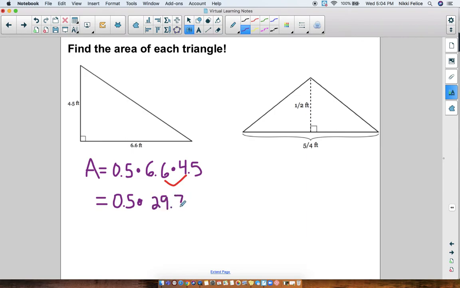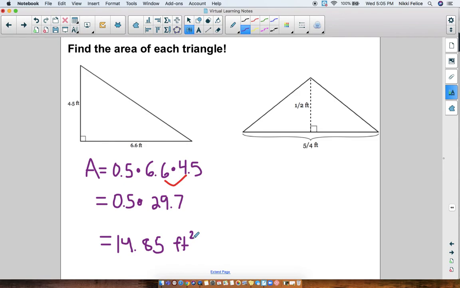So now I have to do half times 29.7, or I could do 29.7 divided by 2, whichever I want. But I think for this one, I'm going to do 29.7 times 0.5, because that's easier for me. And we get the answer 14.85 feet squared. That is my area of this first triangle.